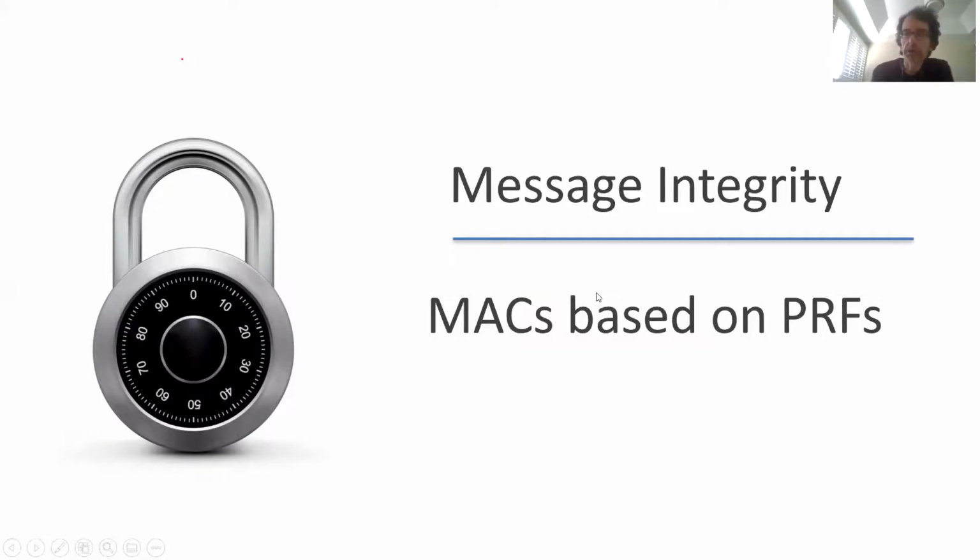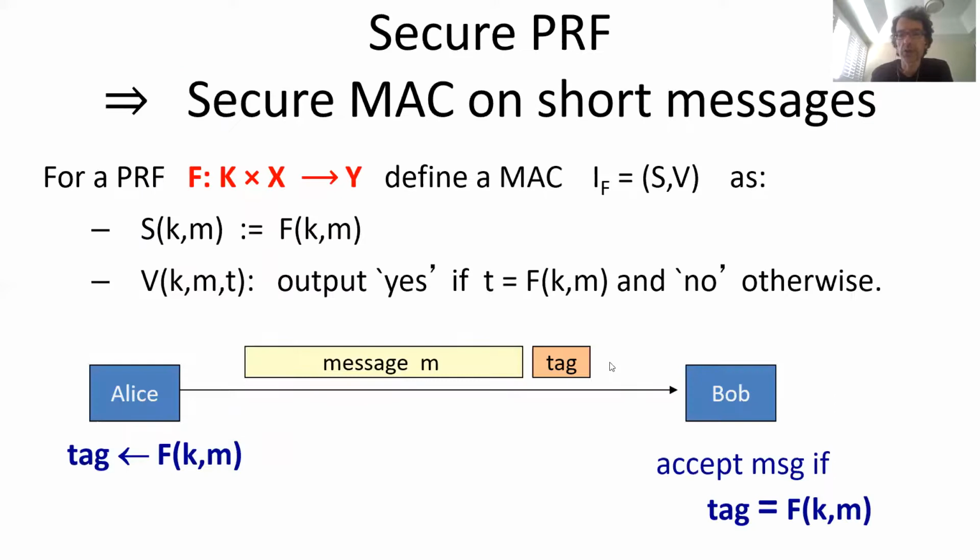Yes, so let's look at an example of how to do it. So a PRF actually implies a MAC. At first, it will be a MAC on a short message. So let's look at the PRF.